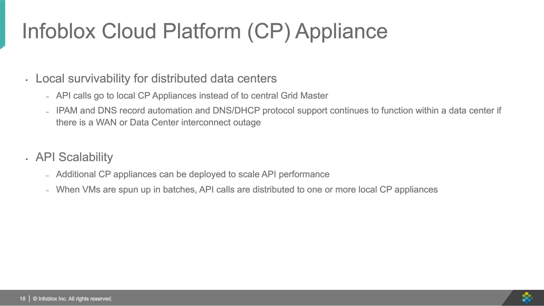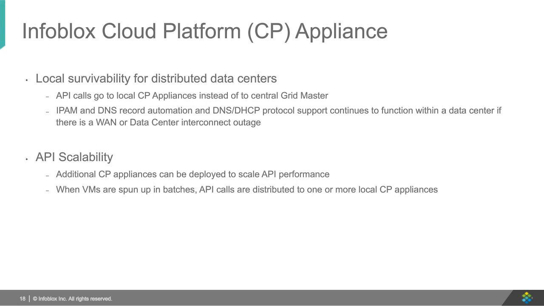And the other advantage is API scalability. In the beginning, I gave one example of your enterprise opening a new office somewhere in a different geographical location. For those kinds of scenarios, you can just deploy a CP member in that particular location, and you can have that CP member providing the authoritative DNS services for that particular zone.